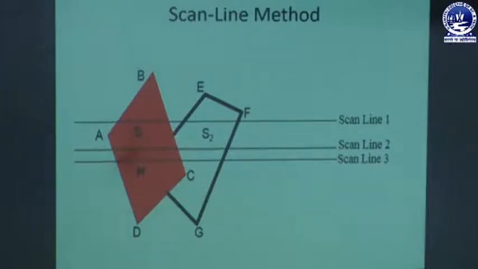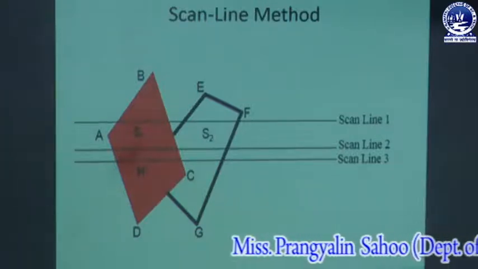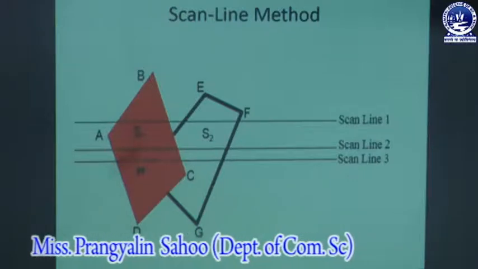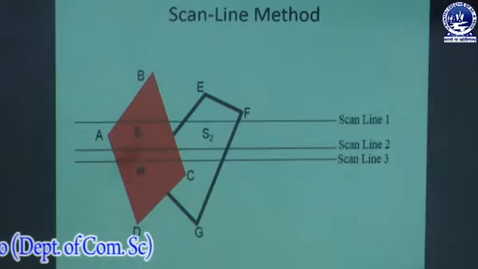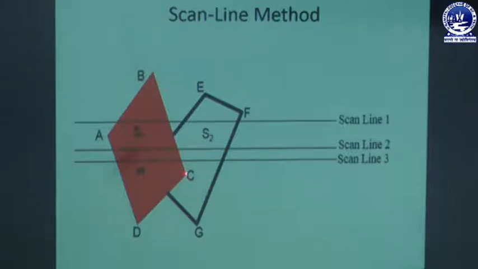The active list for line 1 contains information from the edge table for the edges AB, BC, EH and FG. For positions along this scan line between edges AB and BC, only the flag for surface S1 is on. Therefore, no depth calculations are necessary, and intensity information for surface S1 is entered from the polygon table into the refresh buffer.